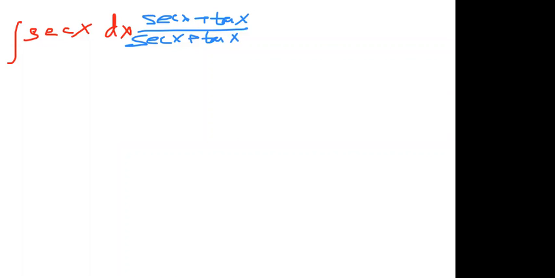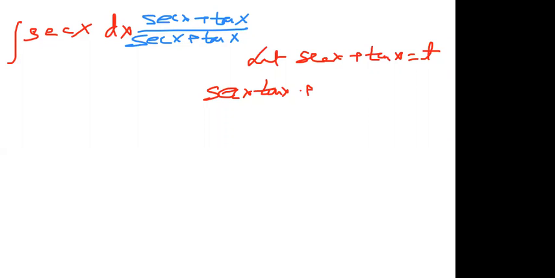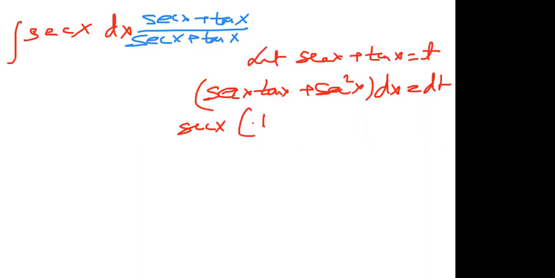Now we are supposing let sec x plus tan x equal t. Differentiating both sides, sec x will become sec x tan x plus tan x will become sec square x dx will equal dt. I'm taking sec x common. What is left? tan x plus sec x dx will be dt.